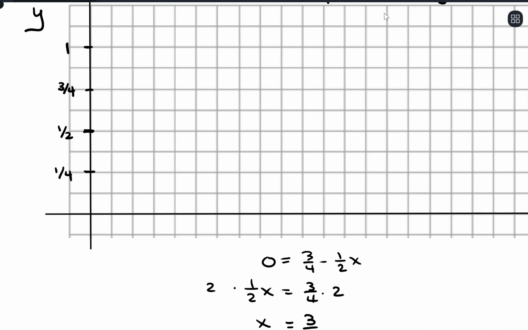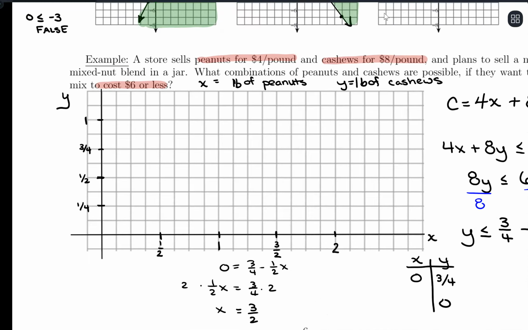I'm going to do the same thing along the x-axis. So 4 units is going to be equal to a half. That should give me a nice visual of the possibilities. So this is 1/2, 1, 1.5, 2, and that should be all that we need.